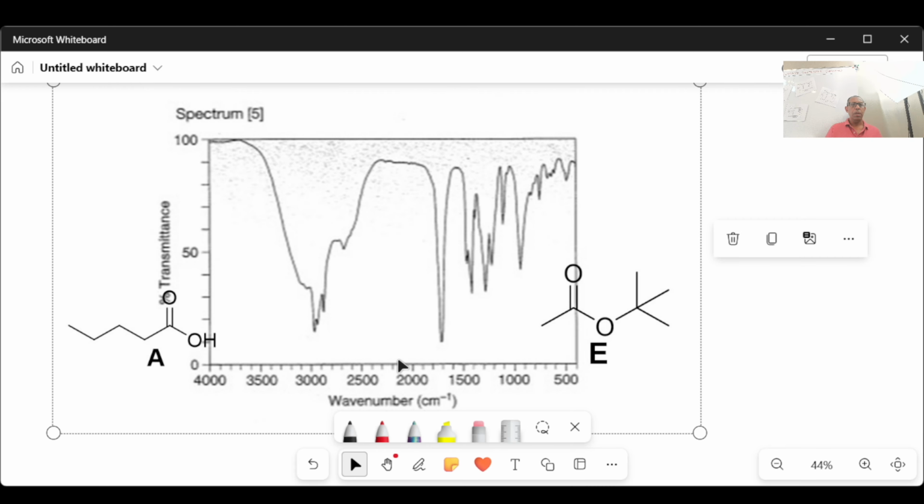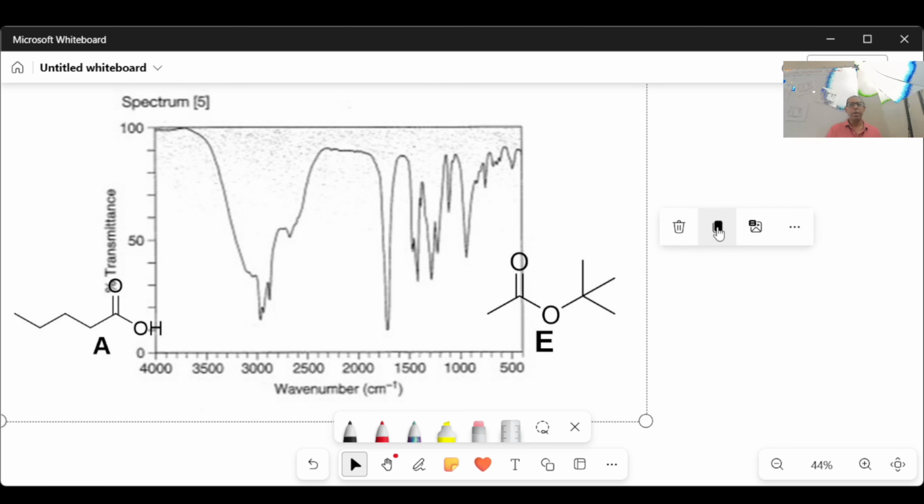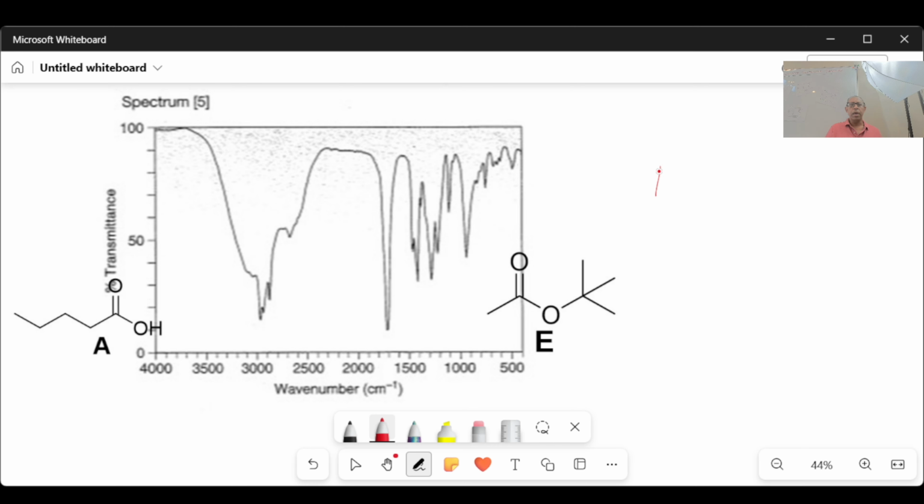Okay, you have compound A, which is a carboxylic acid. Compound A is an acid, and compound E is an ester, a t-butyl ester group. The ester is COOR. The acid is COOH. So this is an acid, this is an ester.